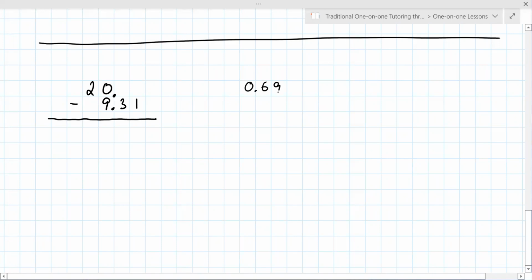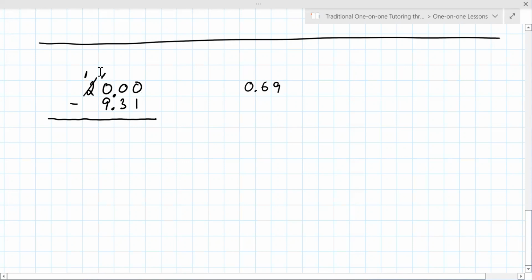Okay, so this is your answer right here. There's probably a borrowing issue, so let's look at this together. 0 minus 1 is not possible, so you have to go left, left, and left. You borrow from the 2 to make a 1 and then put a 1 above the 0.